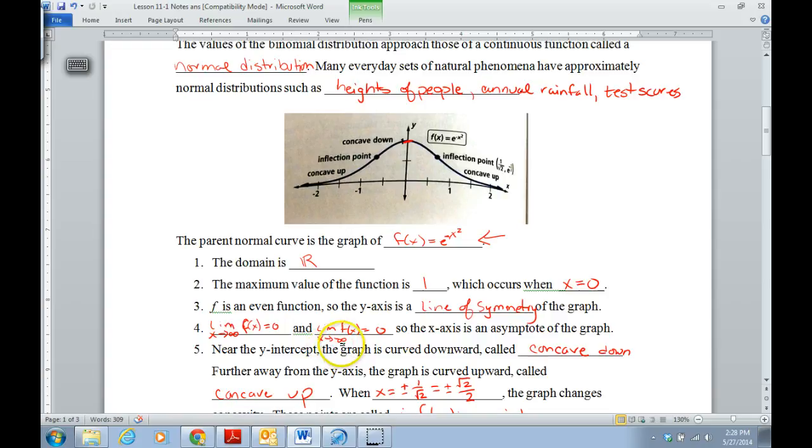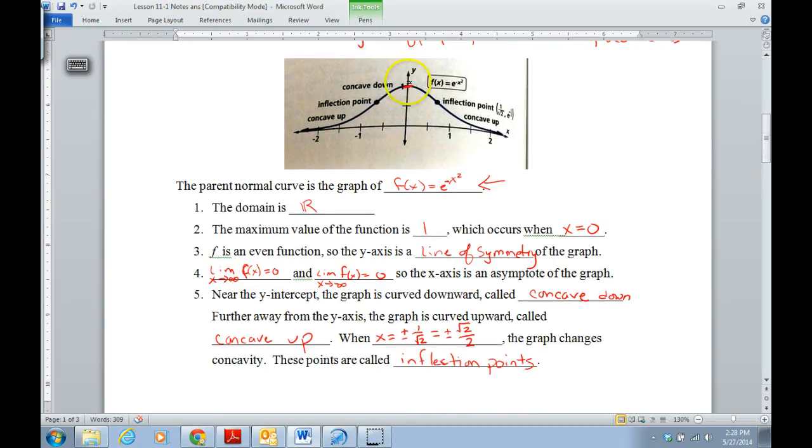The limit as x approaches negative infinity of f of x is also 0. So the further down you go on the x-axis, the closer you get to it, it approaches 0 there, but doesn't quite reach it. So the x-axis is really an asymptote of the graph. Near the y-intercept, the graph is curved downward.